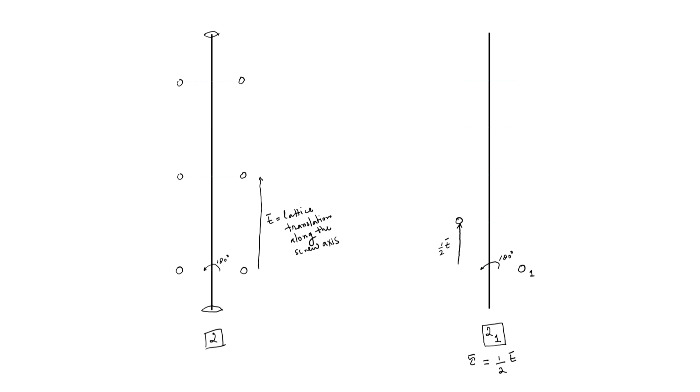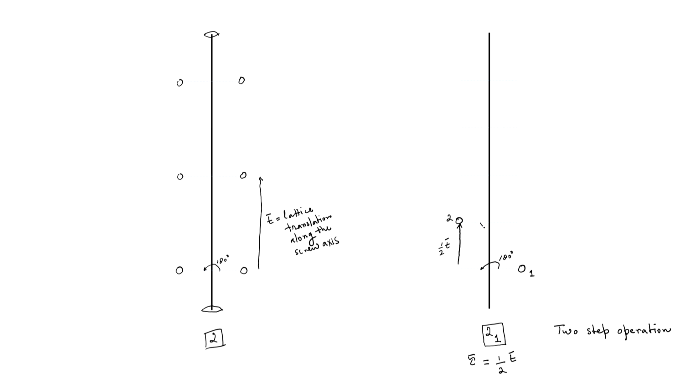Therefore, any screw axis is a two-step operation, just like the glide plane. In a glide plane, we have a reflection followed by a translation parallel to the glide. In this case, I have a rotation followed by a translation parallel to the screw axis. So, motif number 1 comes to motif number 2.